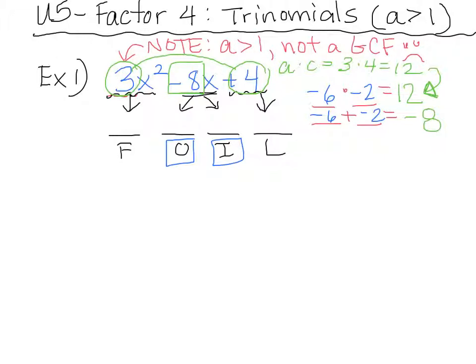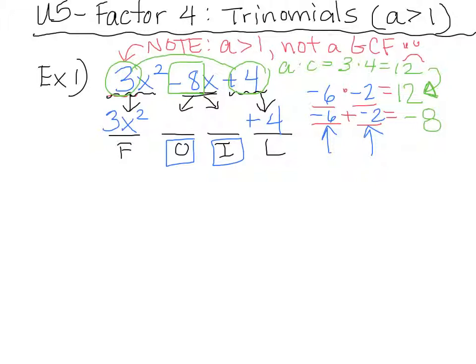So I'm going to bring down the first term, right? 3x squared didn't change. I'm going to bring down the fourth term now, the +4. That part didn't change. And the middle term, that -8x, I'm splitting up into these two pieces, the -6 and the -2.